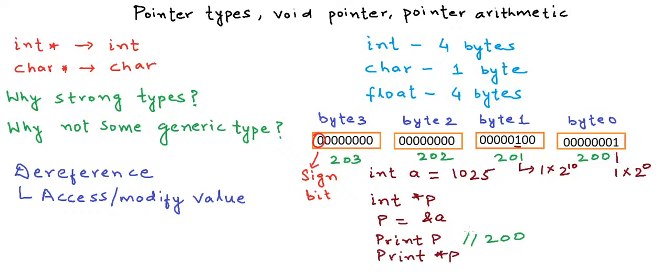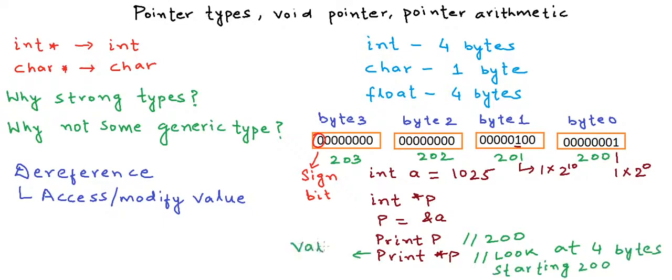If we dereference this address and try to print asterisk p, we want to know the value at this particular address. Then the machine sees that p is a pointer to integer, so we need to look at 4 bytes starting at address 200, and the machine knows how to extract the value of an integer data type. So it retrieves the value 1025 out of these 4 bytes.